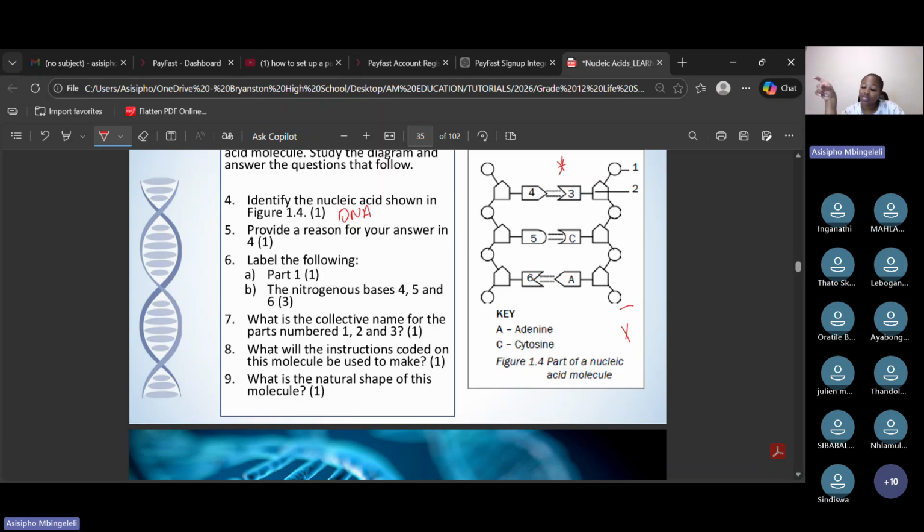The last part of the answer, I will give it to you. You spoke about a double-stranded molecule, meaning you're telling us there are two strands. But the first part of the answer, you're saying it has adenine, which pairs with cytosine. So also RNA has adenine, so we can't consider that as correct. And then you said A, which is adenine, pairs with C. That is technically also incorrect because A pairs with T. So I want us to look at that.